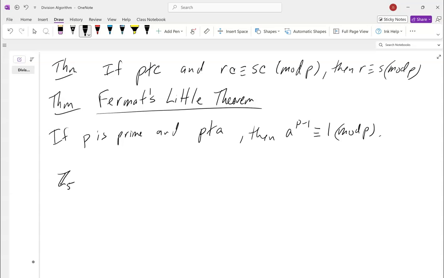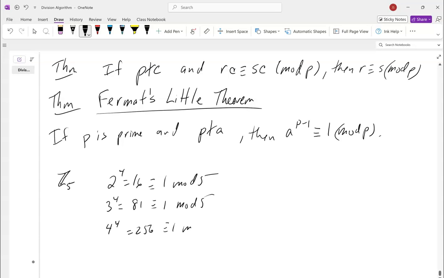Okay. Well, certainly 1 works, right? Because 1 to any power is 1. If you do 2 to the 4th, you get 16, which is certainly 1 mod 5. If we do 3 to the 4th, we get 81, which is also 1 mod 5. And 4 to the 4th is 256, which is also 1 mod 5.